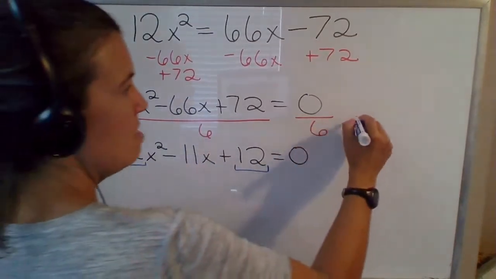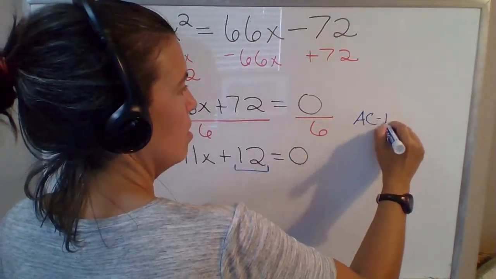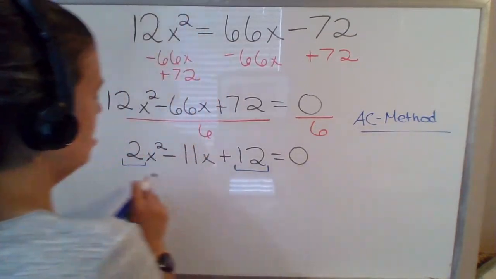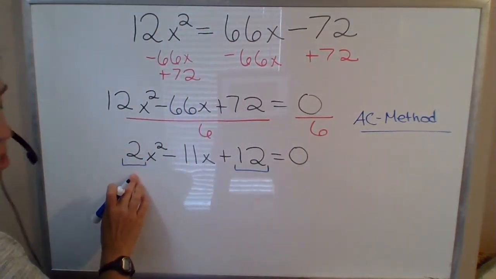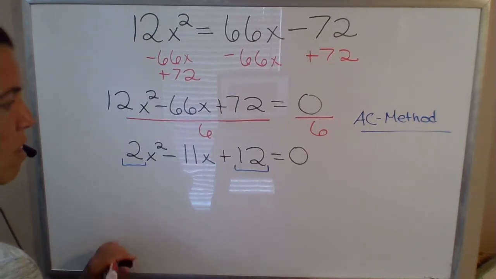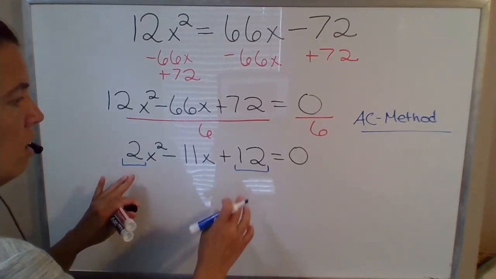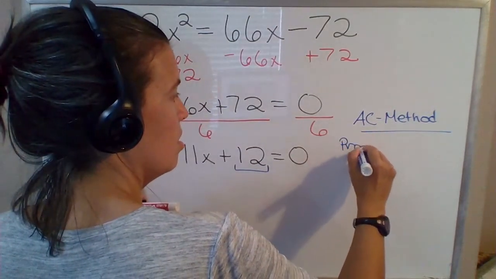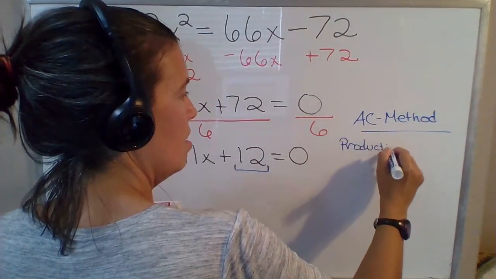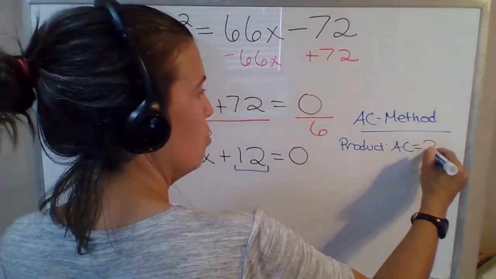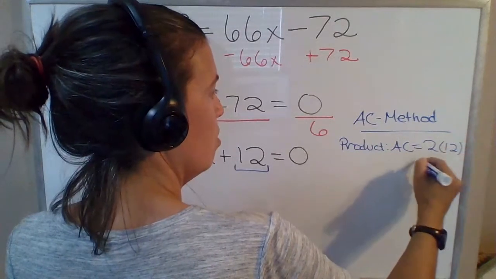I use this AC method when the coefficient of x squared is not 1. So if we have something other than x squared here, then that's when you might consider using this AC method. So the deal here is we need to find two numbers whose product is a times c, which in this case is 2 times 12, so 24.